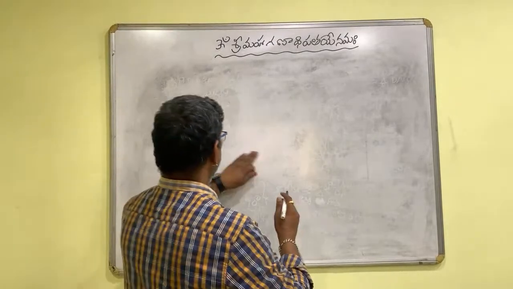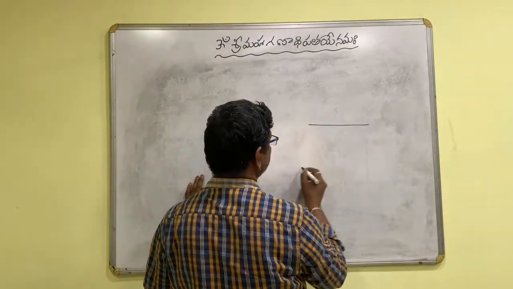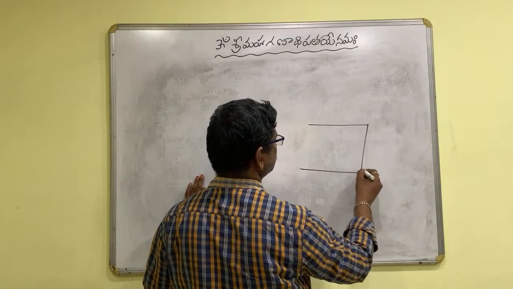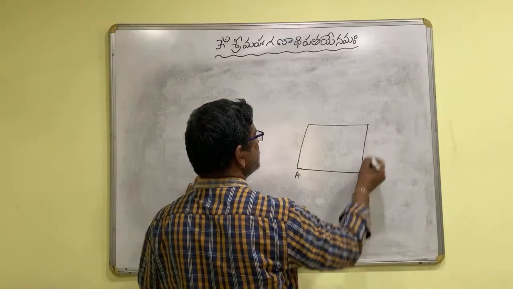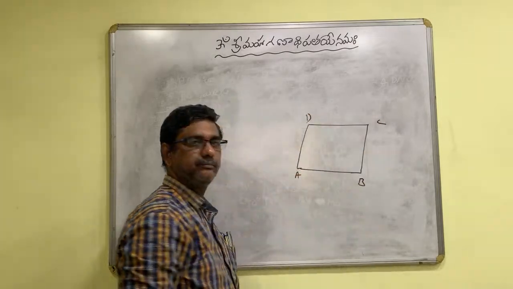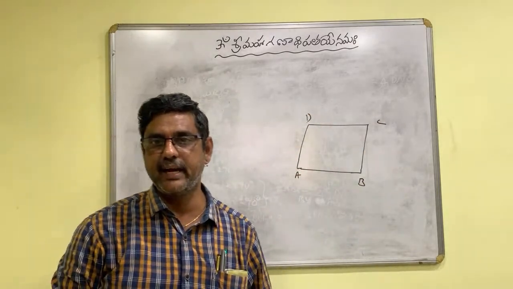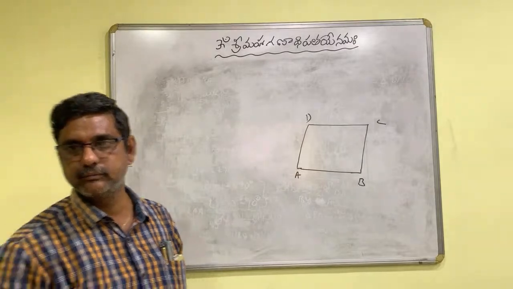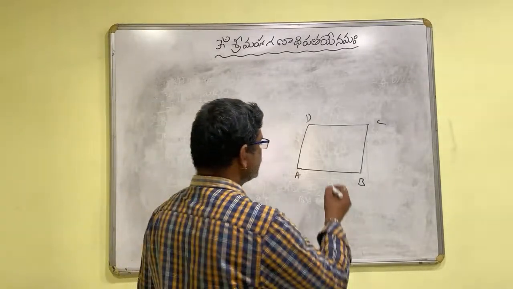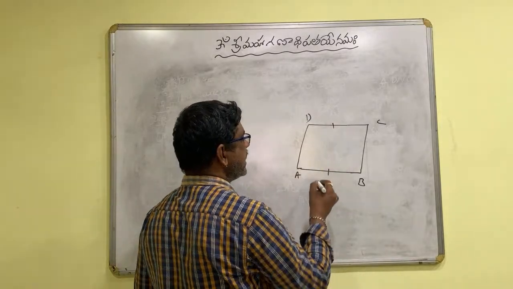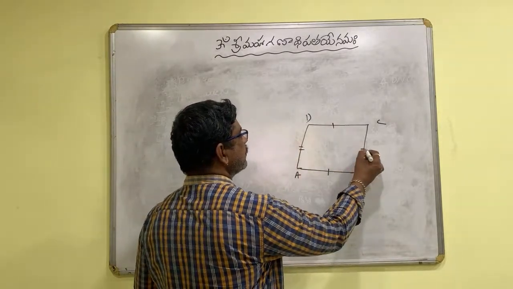Now, I am giving you another question. ABCD is a quadrilateral in which AB is equal to DC, AD is equal to BC.